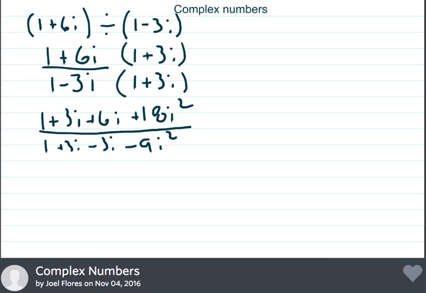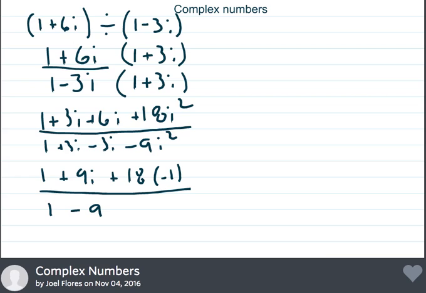So for the numerator, we'll have 1 plus 9i plus 18 times negative 1 over 1 minus 9. Remember, these should cancel out in the denominator, which has no complex numbers, times negative 1.